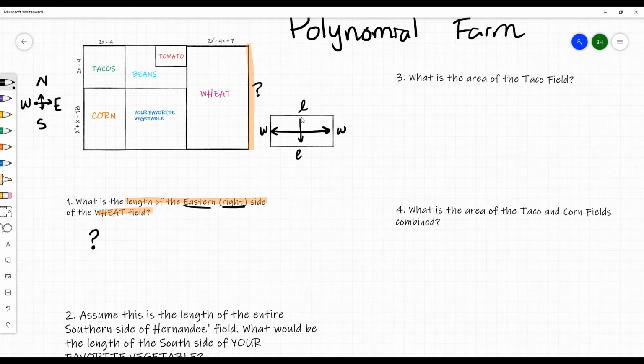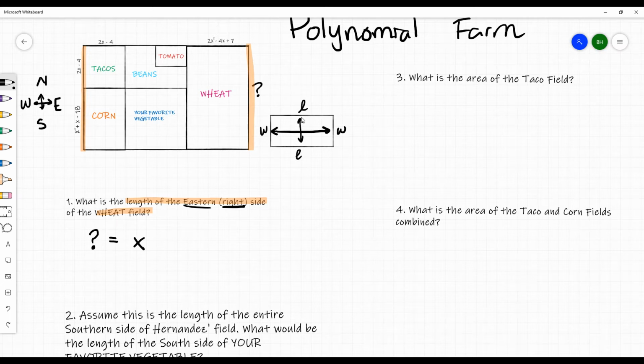So the length of this eastern side of the wheat field will be the exact same length as the western side of the entire farm, or of the fields for the tacos and the corn. So this question mark will equal the sum of those two sides.